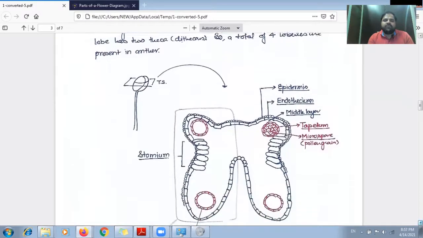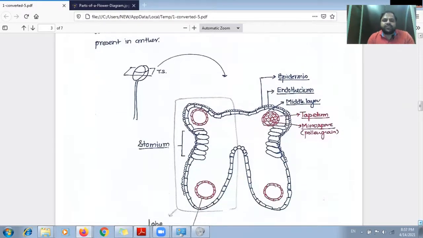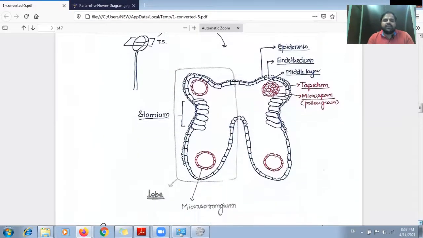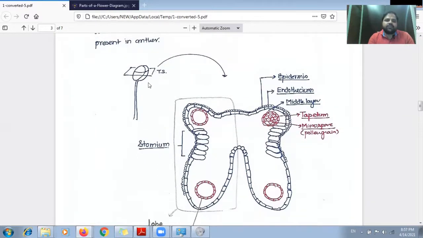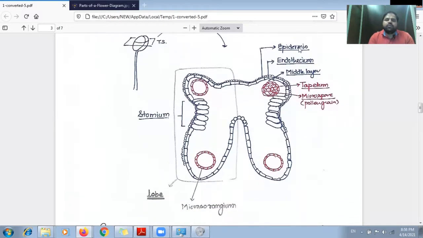So we can see the detailed structure of an anther here. This one is the anther, and this one is the whole stamen. When we cut the transverse section of the anther, it will look like this. This is one lobe and this is another lobe.